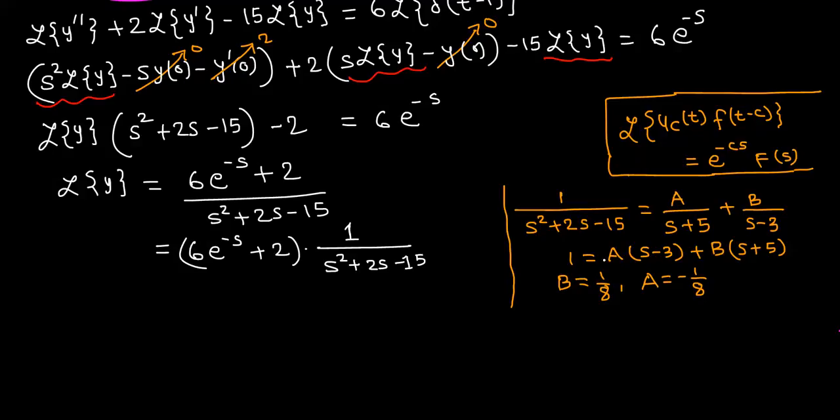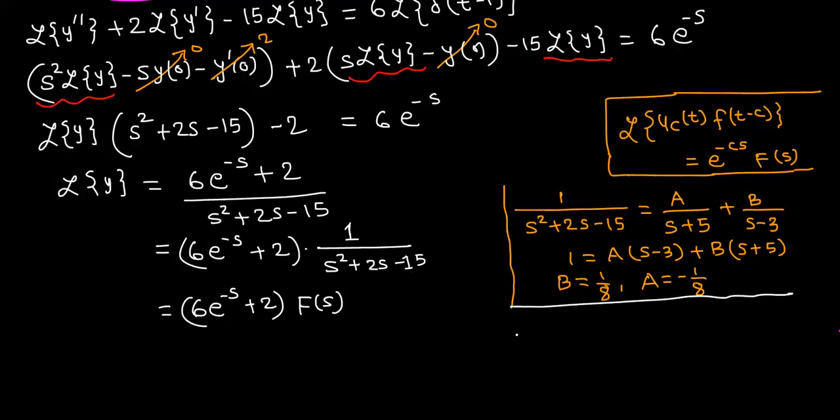Here is the work. Let's say this is just F(s) for a moment: (6e^(-s) + 2) times F(s), where F(s) is 1 over s² + 2s - 15, and we worked it out over here.